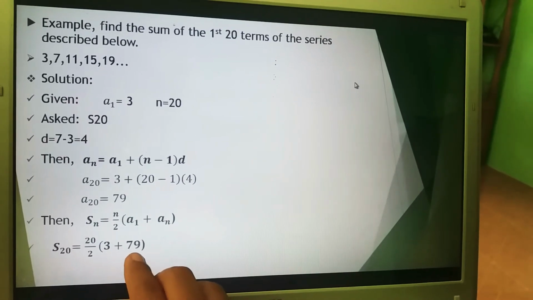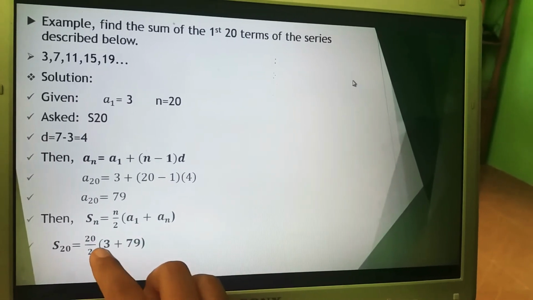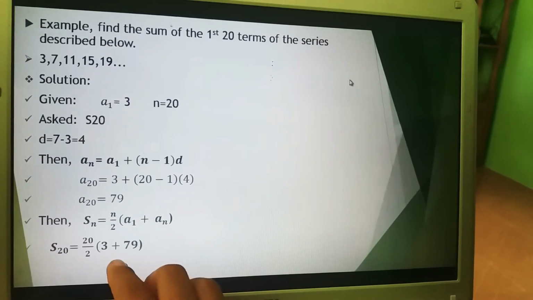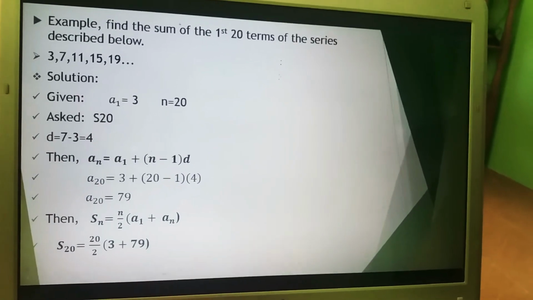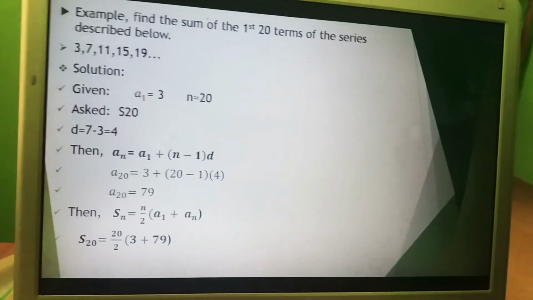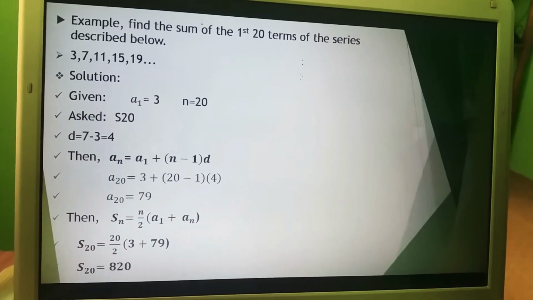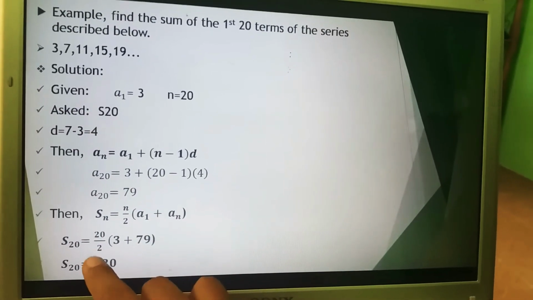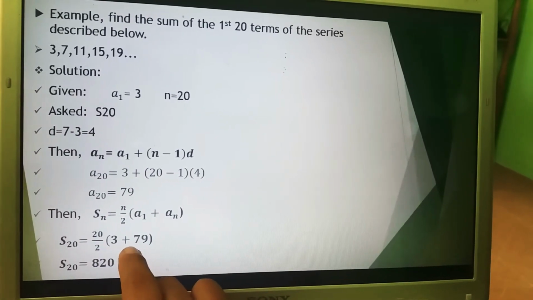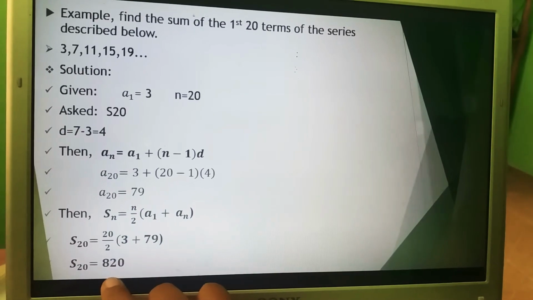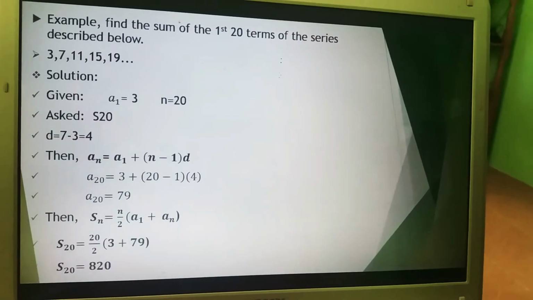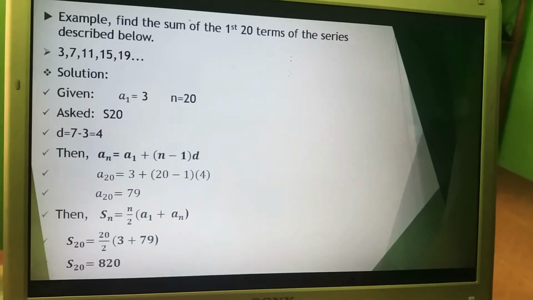So, all you have to do is to add 79 plus 3. 79 plus 3 is equal to 82. And 20 divided by 2 is 10. So, we will have 10 times 82 which is equal to 820. Ayan, I hope that you understand this part.